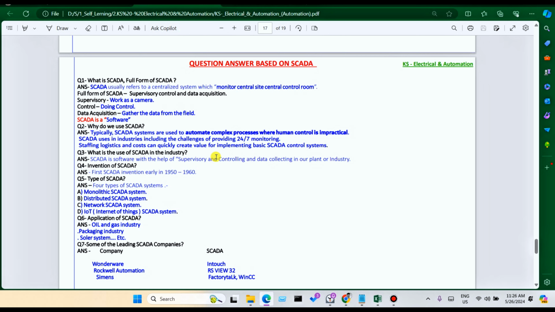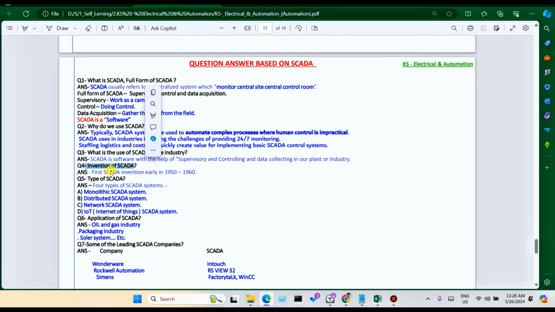We can monitor data in the form of trends, alarms and reporting.